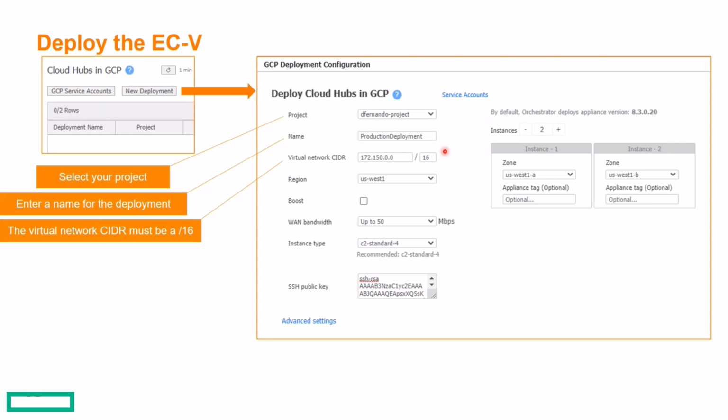Let's say in the future, you want to deploy another couple of Edge Connects in, let's say, Singapore. What you need to do is you actually come back to the deployment page on the orchestrator and you select the Singapore region and just click create. That's all you need to do. And the orchestrator is smart enough to deploy those two Edge Connects inside the same three VPCs that you created for your California deployment.